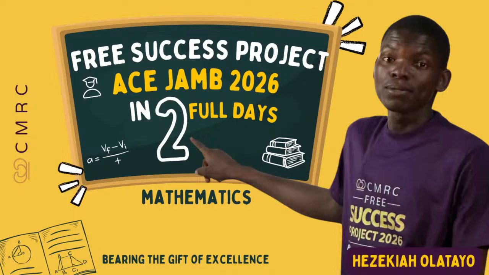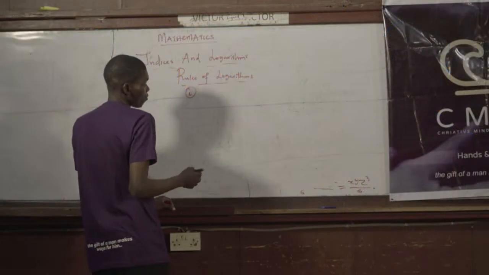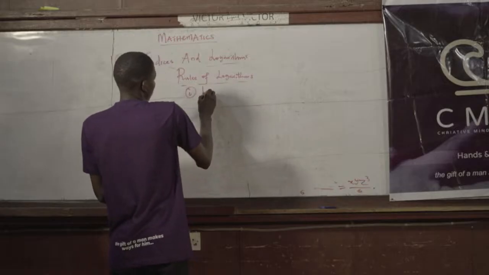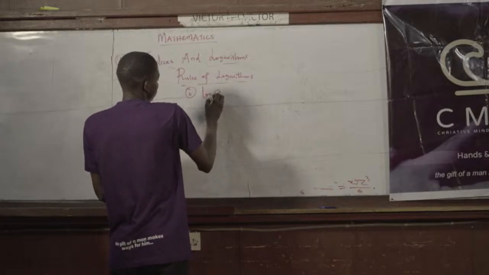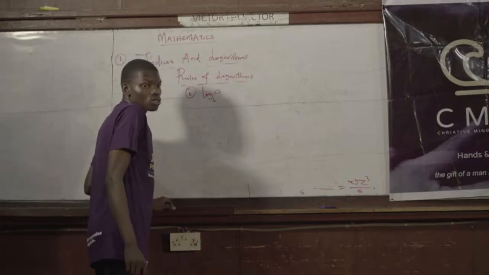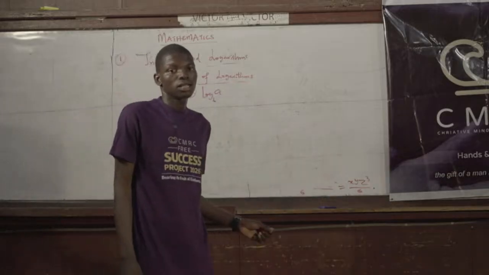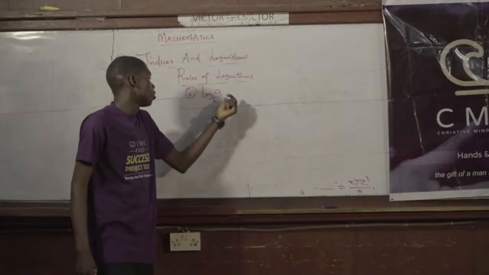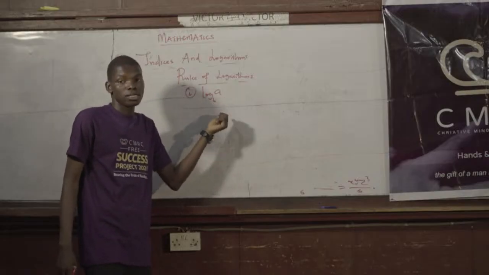The first one, and I think we have like 4 or 5 now, is when we have log of A, then base B. What I mean by this is that here also we have a number and we have a base.